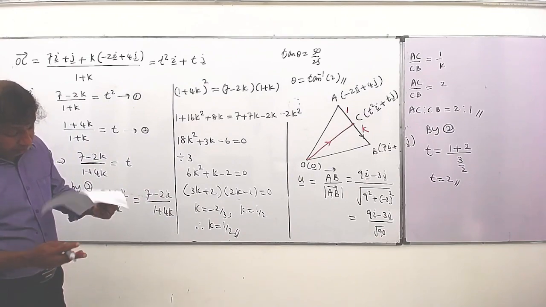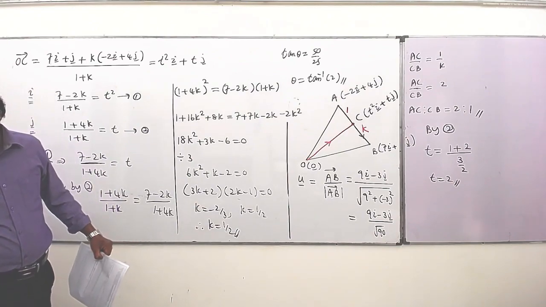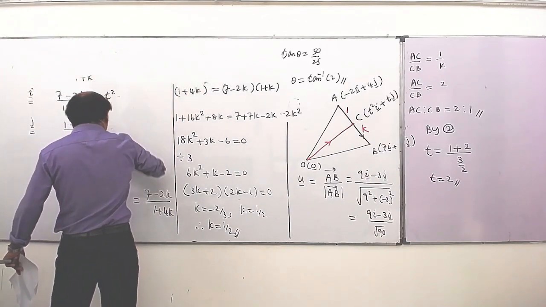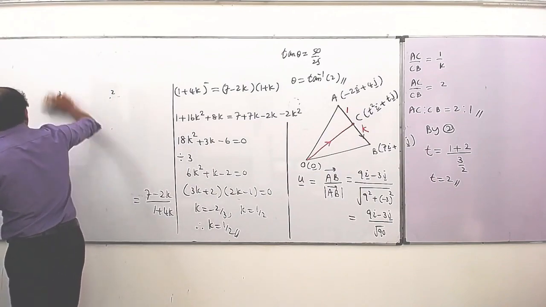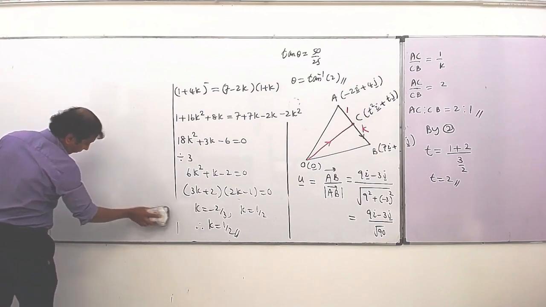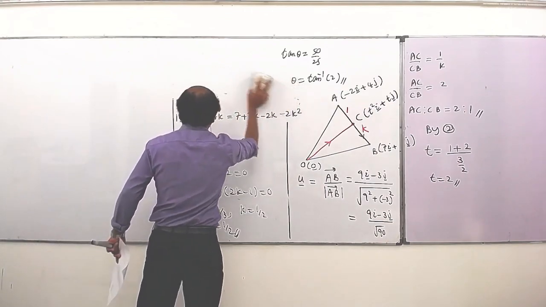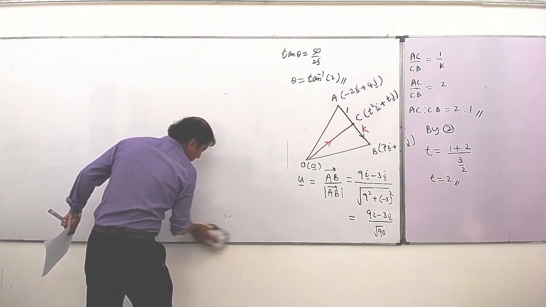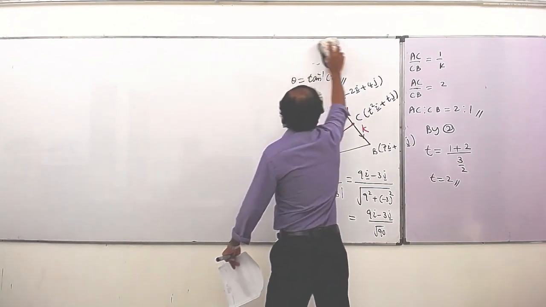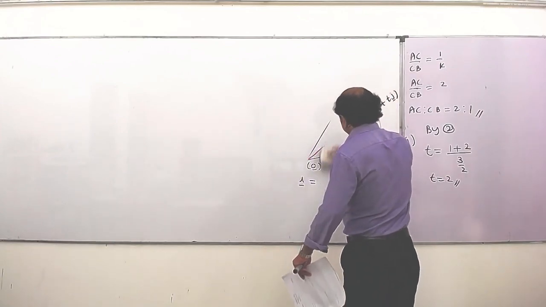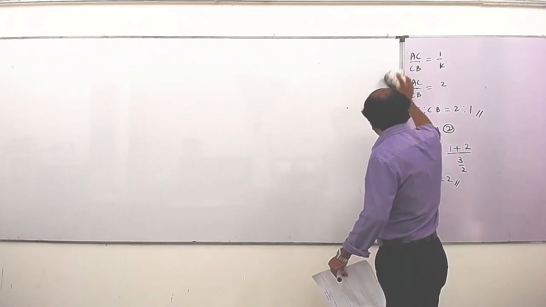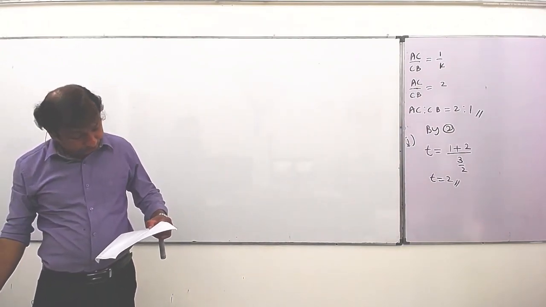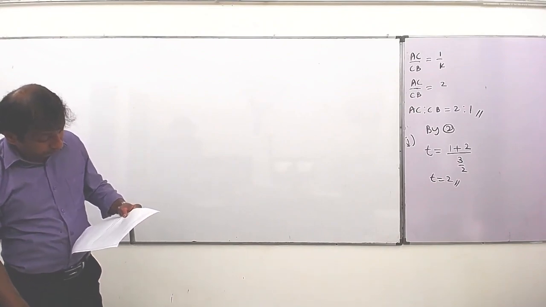Okay. Number 8 next. ABCDEF is a regular hexagon of side a.